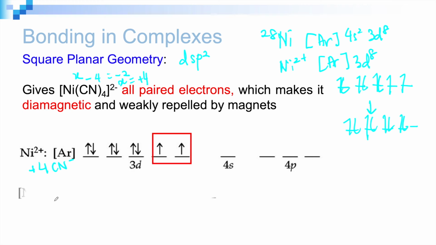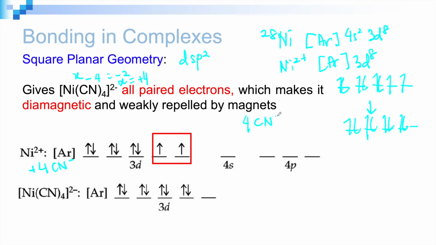It will form this complex ion, and then these two will excite to this and also combine to form a diamagnetic property. Because we have 4 cyanide, it will give you 4 times 2 electrons, so you will have 8 electrons.